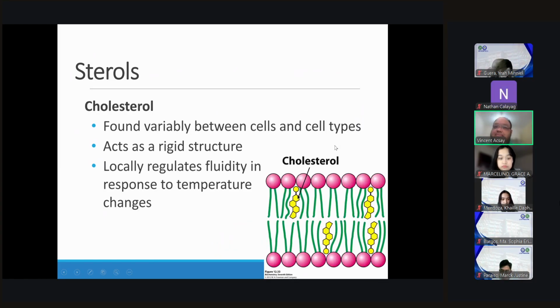These cholesterols can be found within the plasma membrane, usually in between your other lipids. They act as a rigid structure and they modulate fluidity in response to temperature changes.